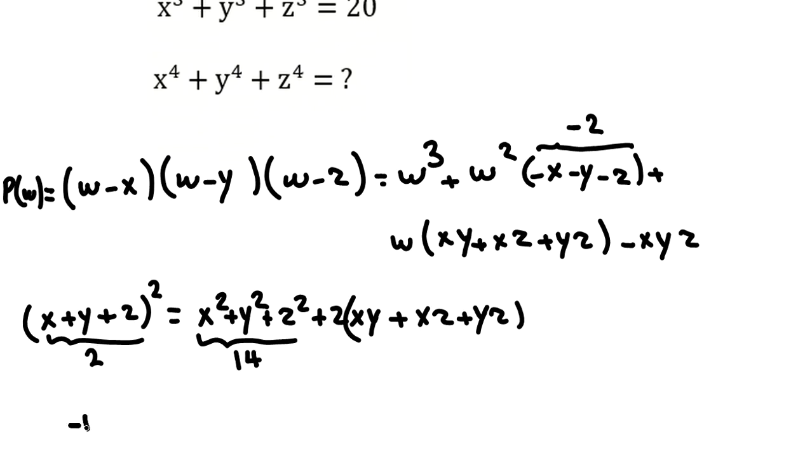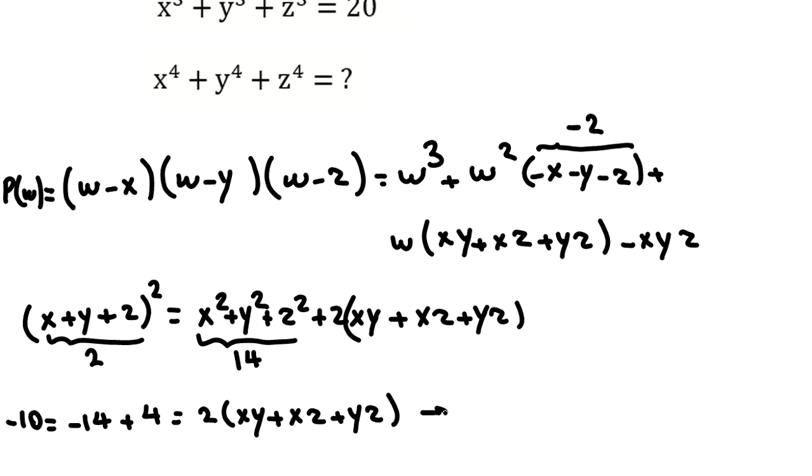So let me write negative 14 plus 2 squared, which is 4, equal to 2 times xy plus xz plus yz. So negative 14 plus 4 is negative 10. And then if you divide both sides by 2, it will be negative 5. So you can replace this part with negative 5.